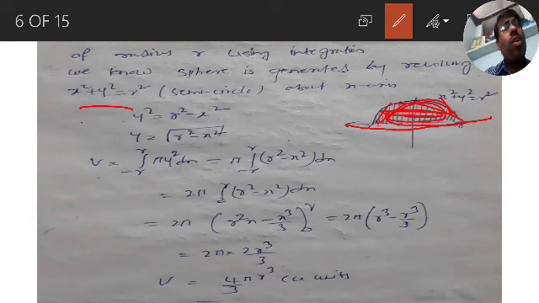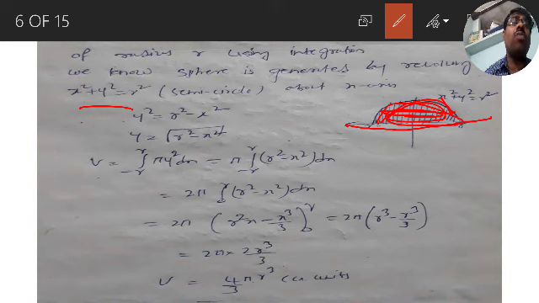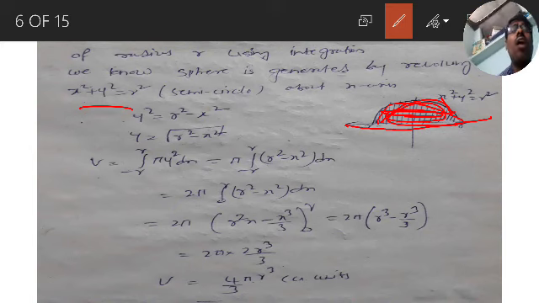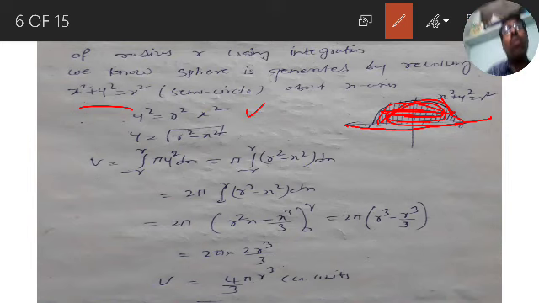We know a sphere is generated by revolving the semicircle x square plus y square is equal to r square, of radius r, about the x-axis. So x square plus y square is equal to r square is a semicircle of radius r. What is y square? y square is equal to r square minus x square.